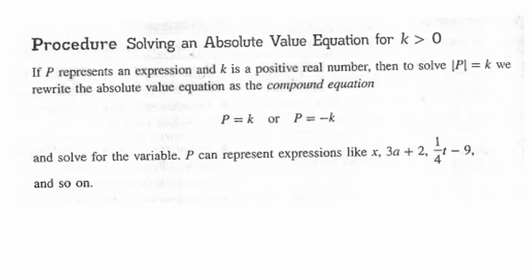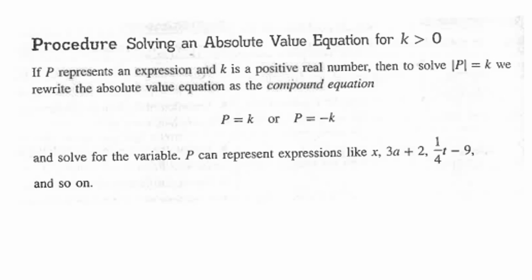We're going to use a similar procedure for solving an absolute value equation. Now, the k, the constant that I talk about, is bigger than 0. So if p represents an expression, and the expression could be x, it could be 3a plus 2, it could be 1/4 t minus 9, and so on, that's what p is. And k is a positive real number.